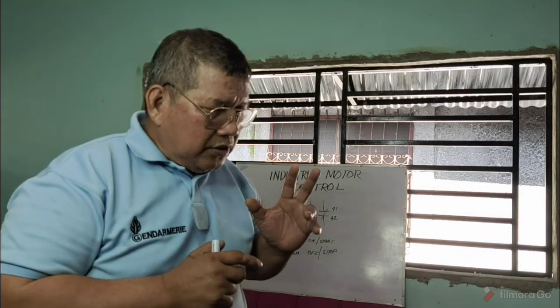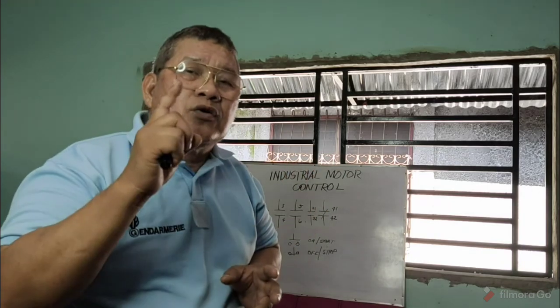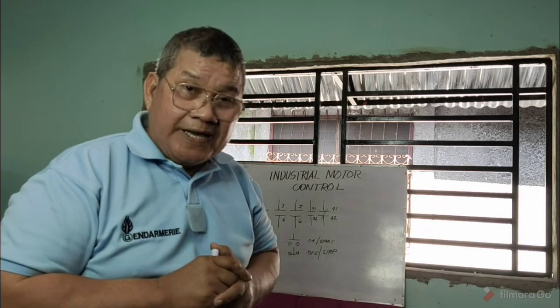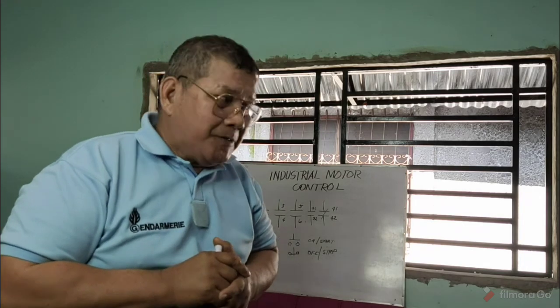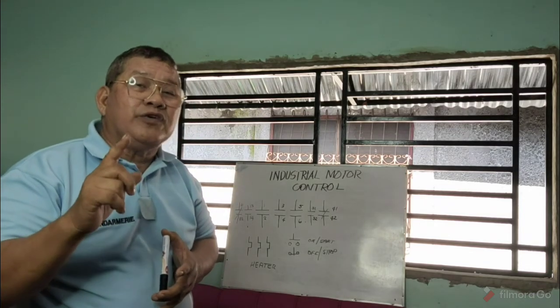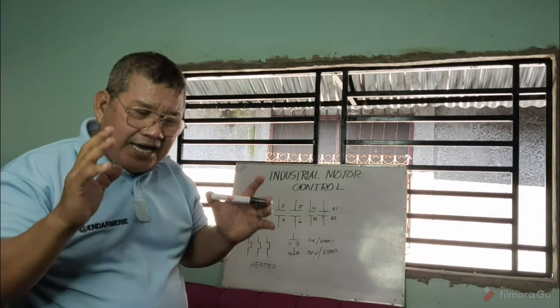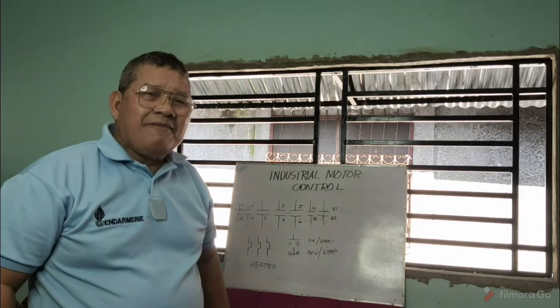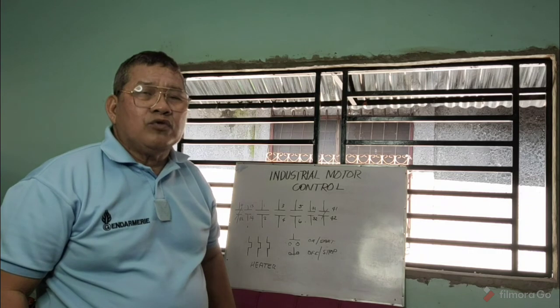And of the two circuits, the complicated one is the control circuit. So that's all for this video. Watch for the other video, because I will again introduce, if possible, if available, the different parts of the magnetic starter.